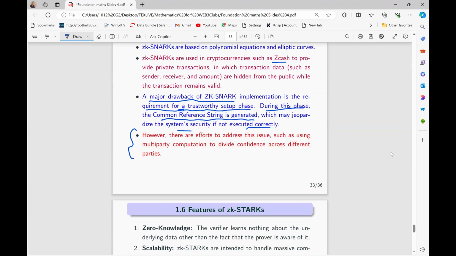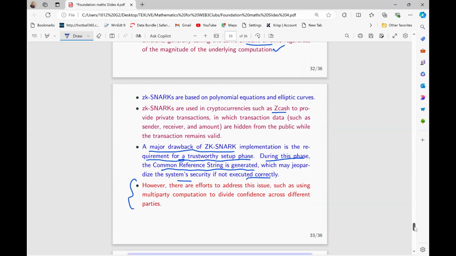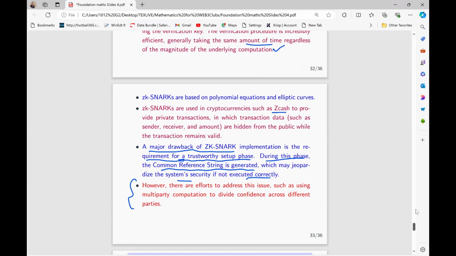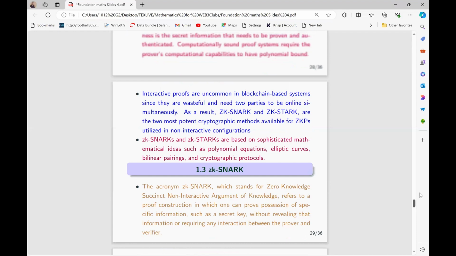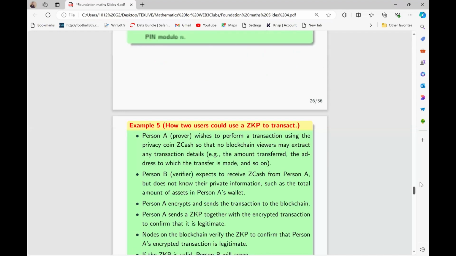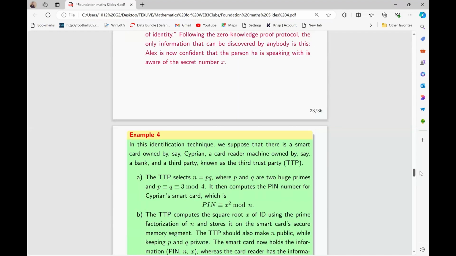So it comes in to seal that loophole. Now, I want us to go to an example.